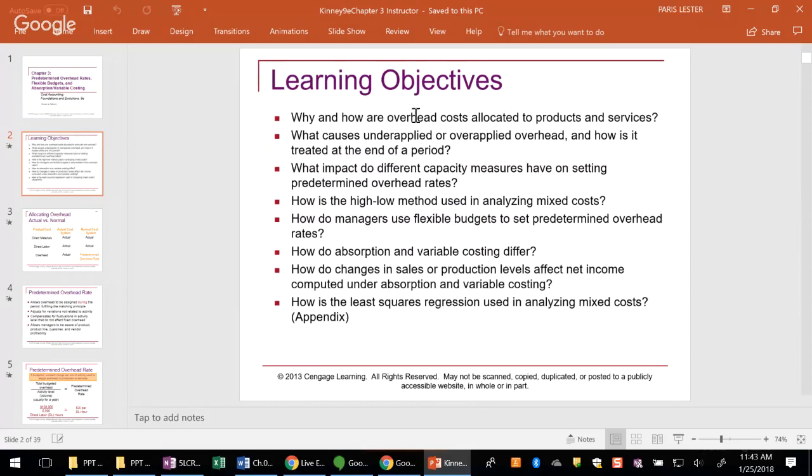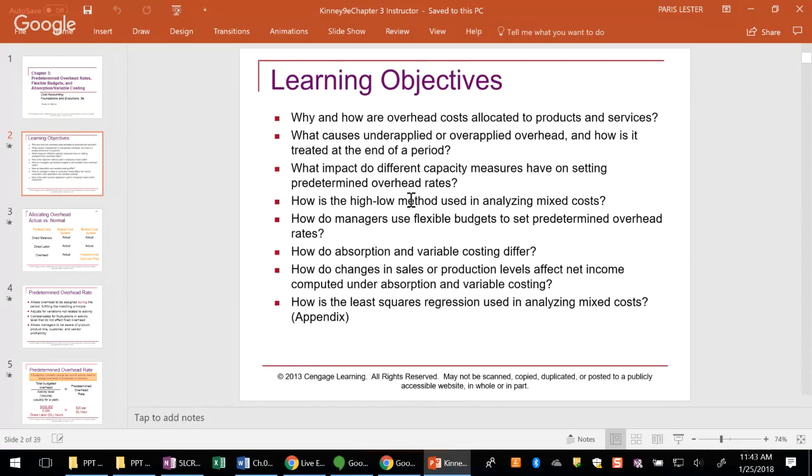Why and how are overhead costs allocated? All right, I think you know how. That's that predetermined overhead rate. Why? Because we don't have the actual yet. What causes under or overapplied overhead? We'll look at that. What impact do different capacity measures have on setting the rate?